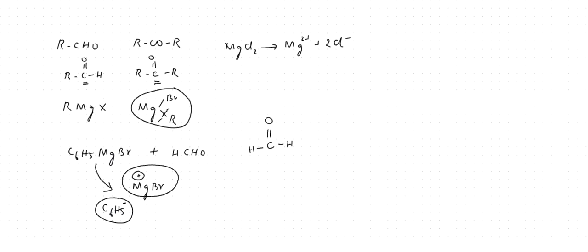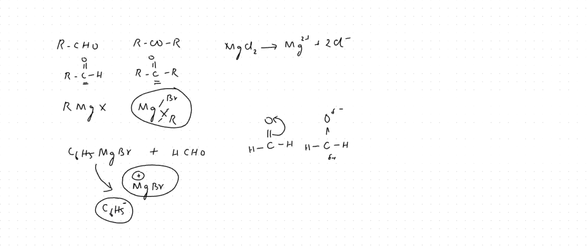And this carbonyl carbon, due to the large electronegativity of oxygen, the charge is getting concentrated on the oxygen, and it becomes almost like this, CHH, where the carbon gains a positive charge and oxygen gains a negative charge. So what happens?